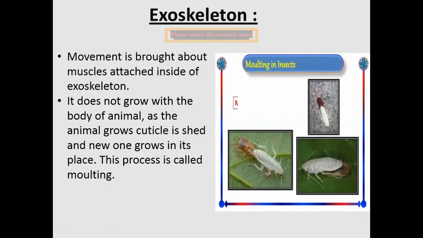We also know that different colors of exoskeleton help animals hide from predators and also attract a mate. Another important point I'm sharing here: animals have different colors of exoskeleton because it helps hide them from predators and also attract a mate.